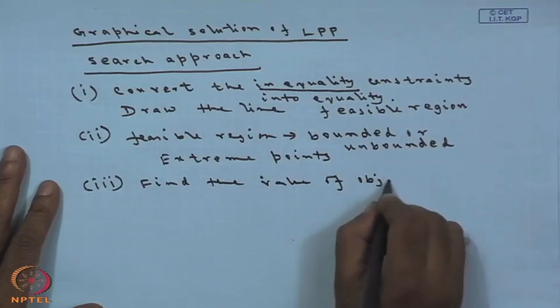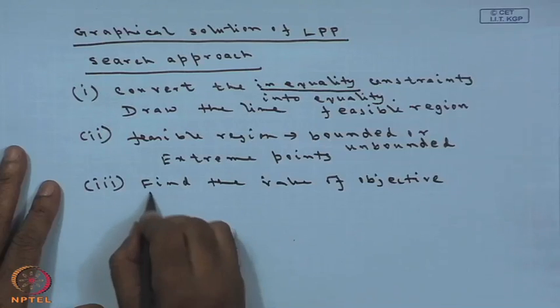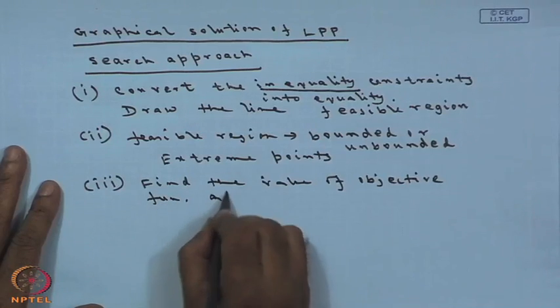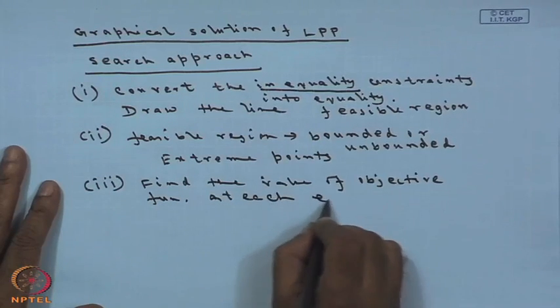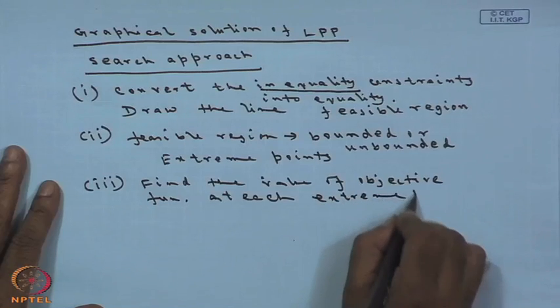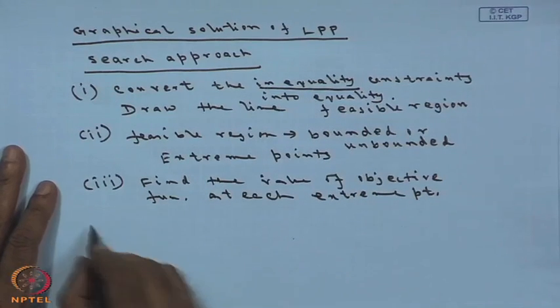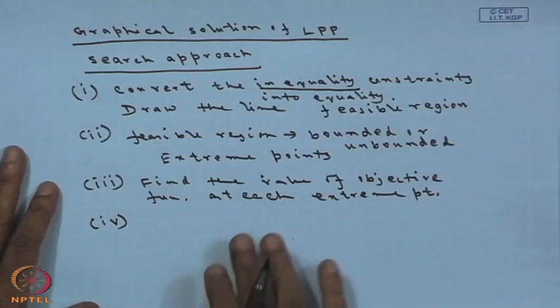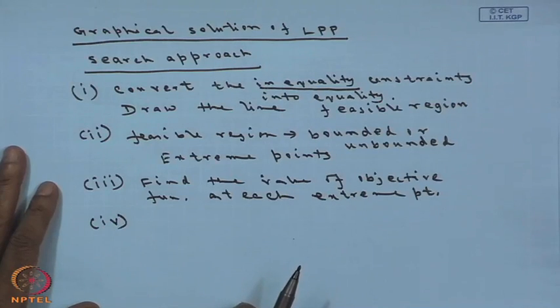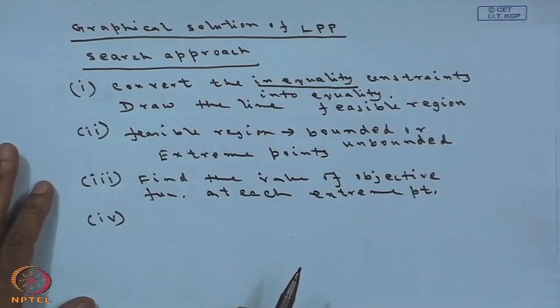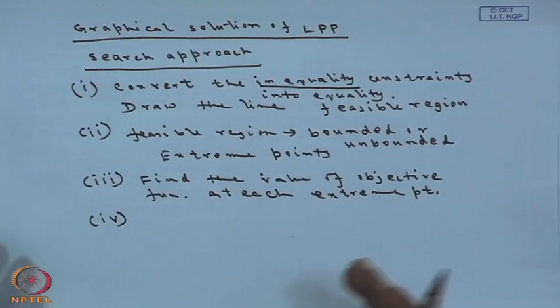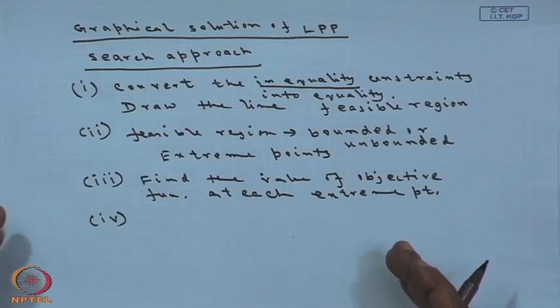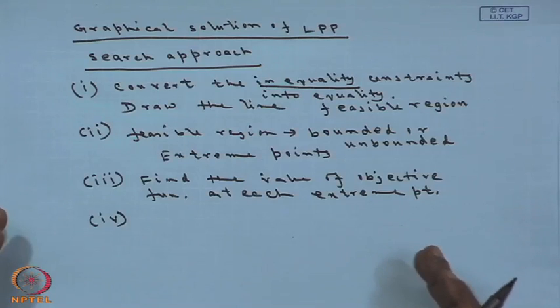Once I have obtained that, then you select the extreme point which corresponds to the optimum value of the objective function and you get the solution. So, select the extreme point which optimizes best the objective function.